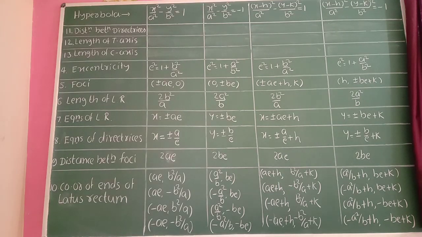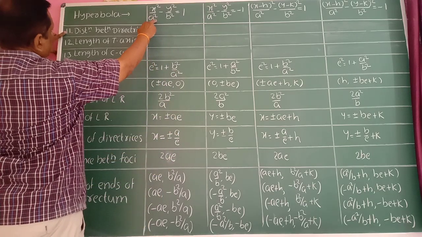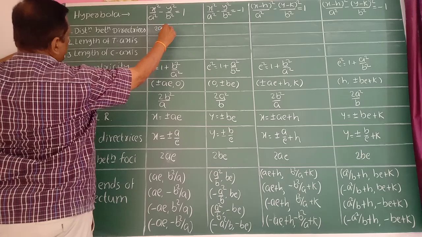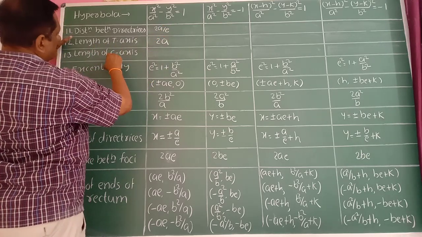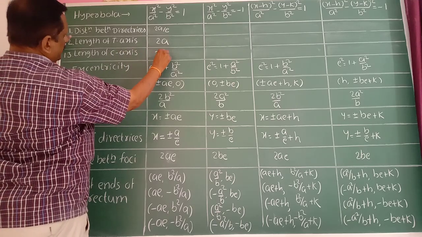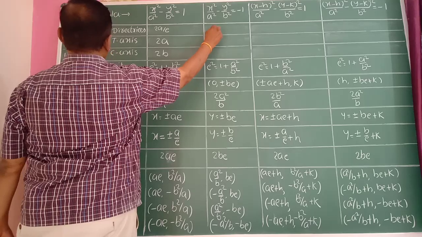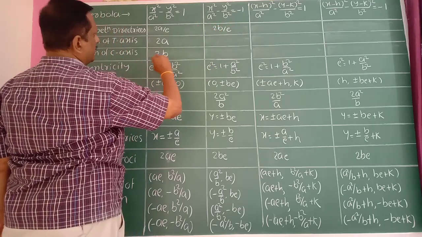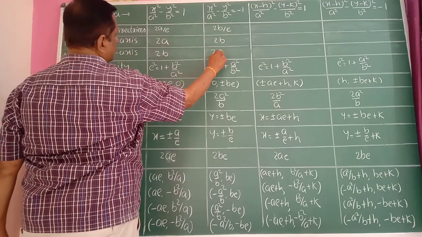So here the distance between directrices for this hyperbola is 2a divided by e. Length of the transverse axis is 2a, length of the conjugate axis is 2b. And in the conjugate hyperbola, distance between directrices is 2b divided by e, length of the transverse axis is 2b, and the length of the conjugate axis is 2a.